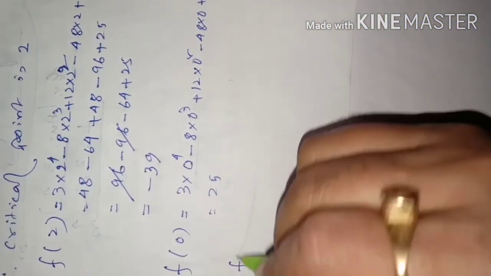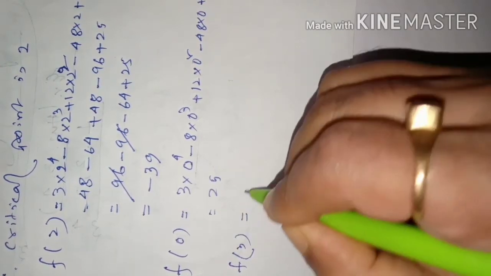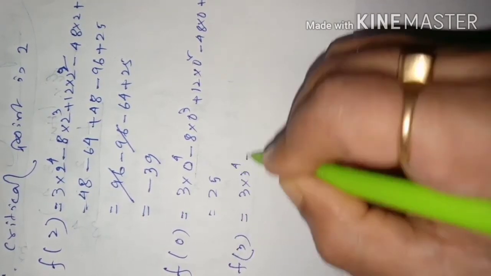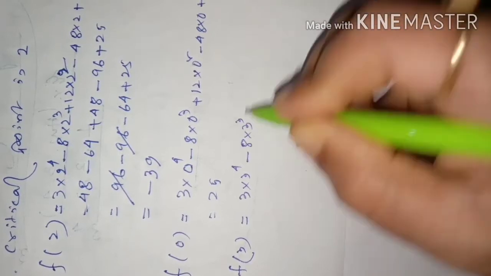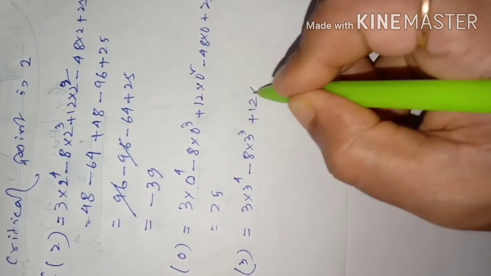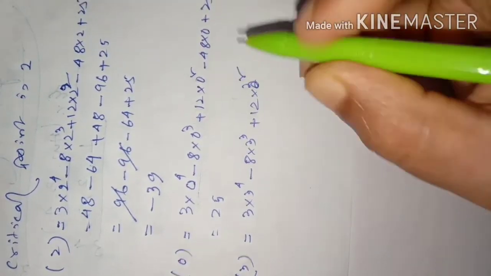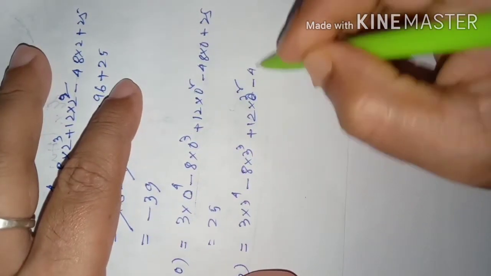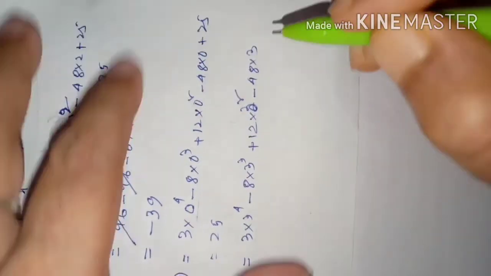And f(3), let us find out. 3 into 3^4 minus 8 into 3^3 plus 12 into 3^2 minus 48 into 3 plus 25.